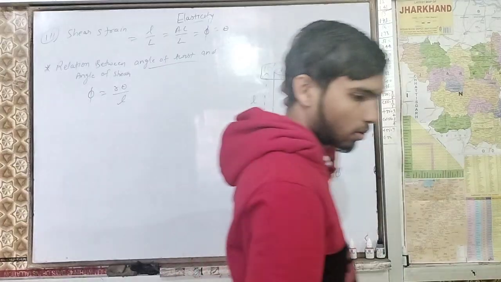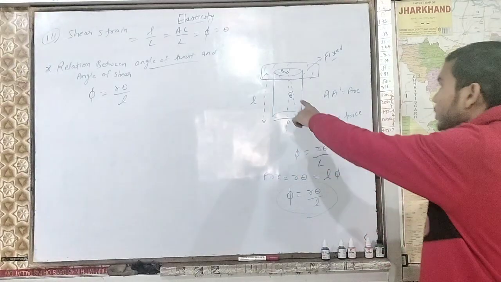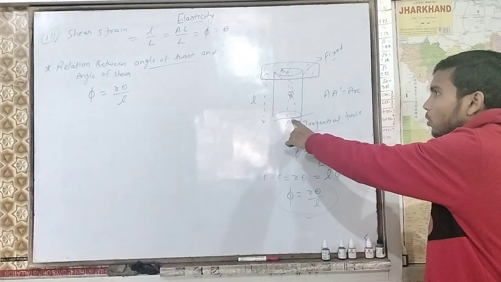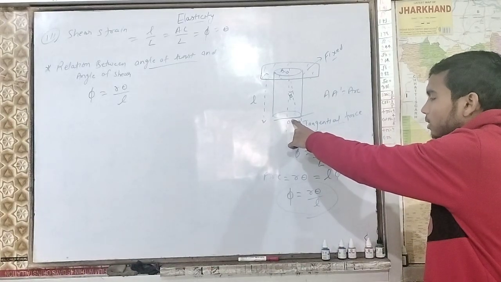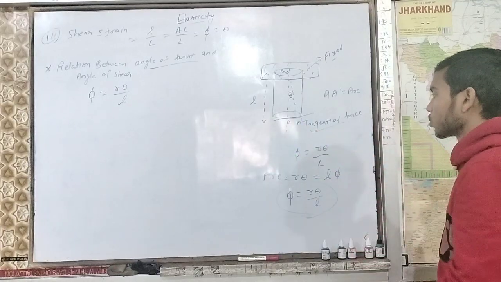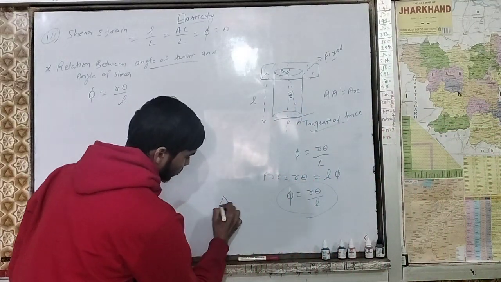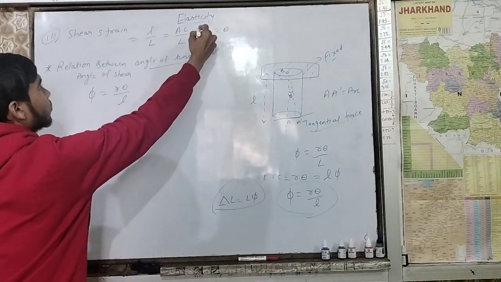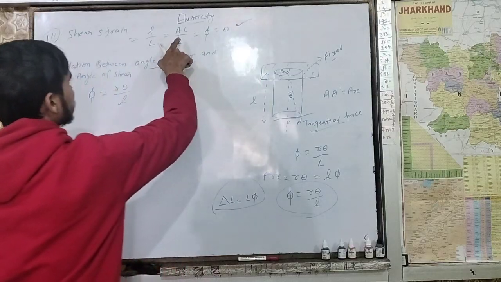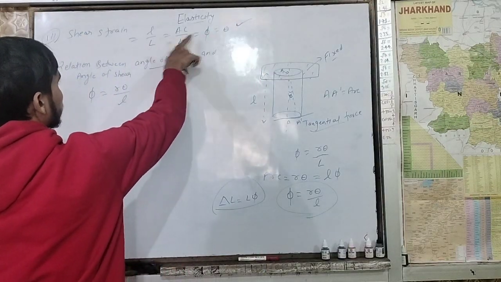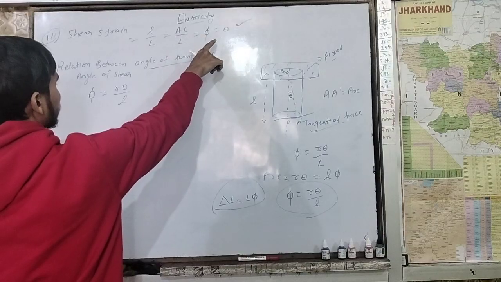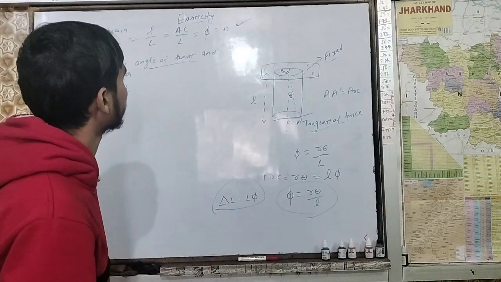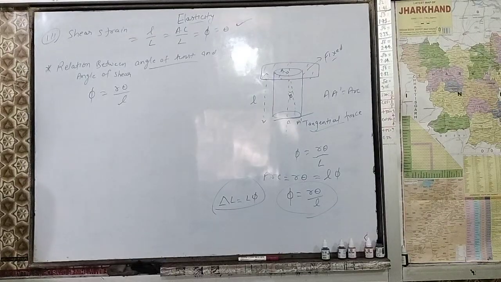We know arc is equal to r multiplied by theta. This theta multiplied by radius provides the arc, and this is equal to the change in length. Change in length is equal to L multiplied by phi.